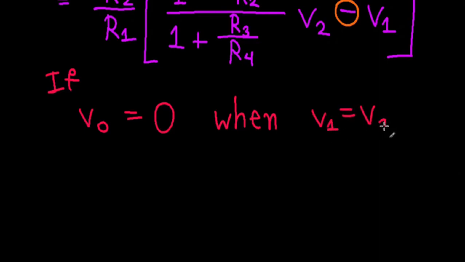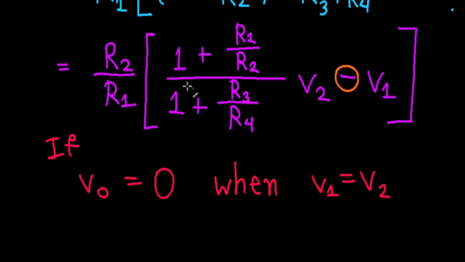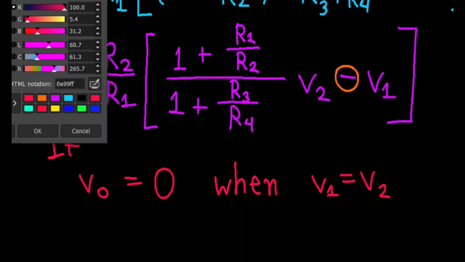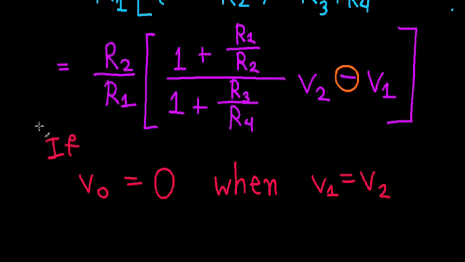When these two inputs or sources, whatever you call them, supplies, are zero, we would need the output to be 0 volts. If that is a requirement, this equation can actually be made simpler. So let's think about it. Our V output, which is basically this.